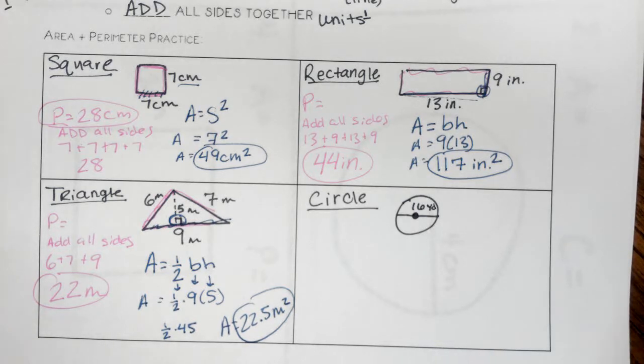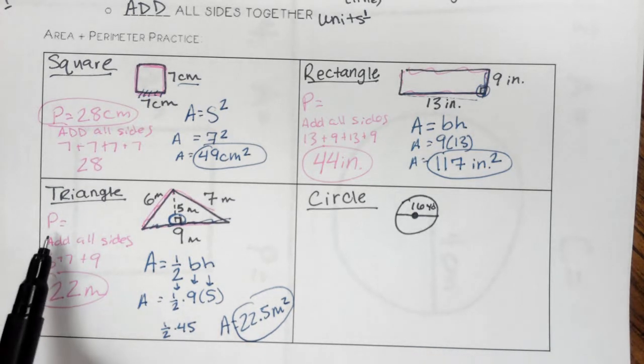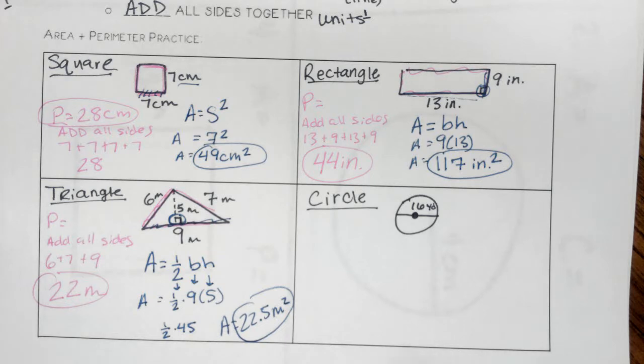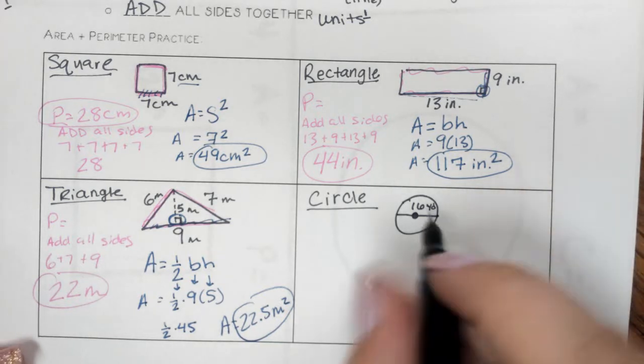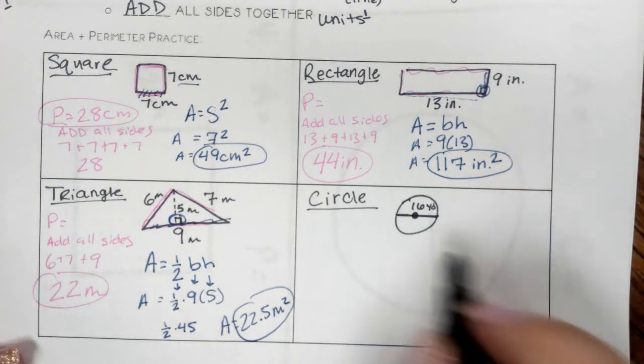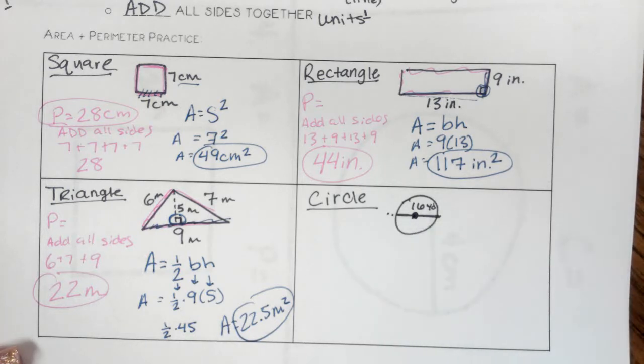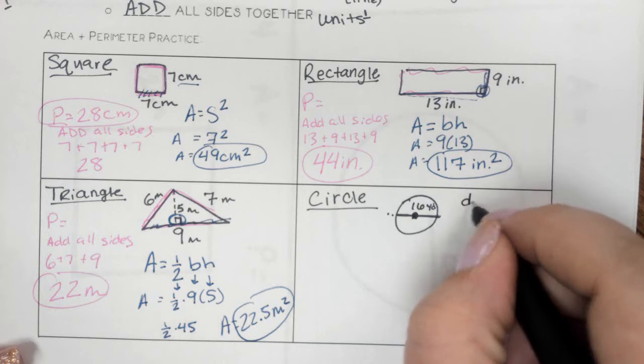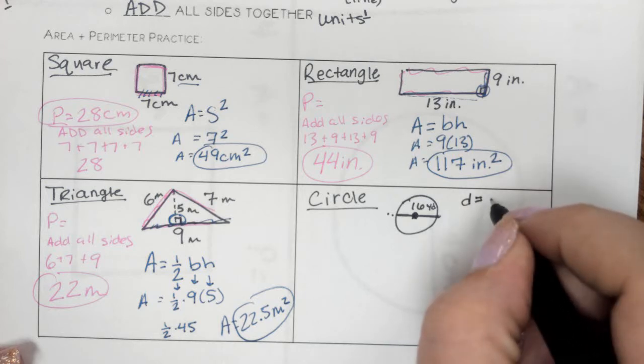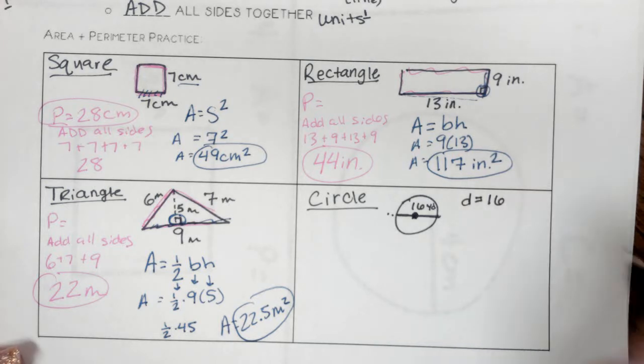Before we get out our formula charts to find the circumference, instead of perimeter, we use circumference, and area of a circle. Let's talk about this 16. 16 goes all the way across from end to end through the middle of the circle. So that is called the diameter. The diameter would be 16 then.